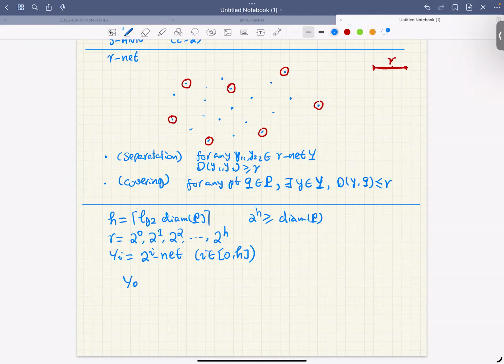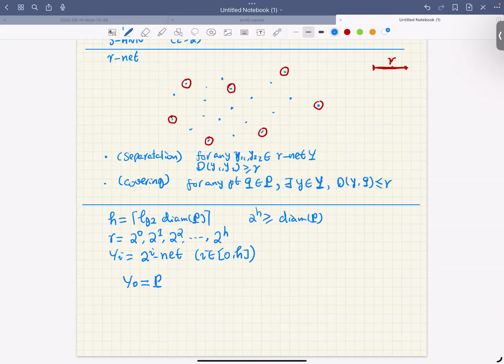Therefore, if you want to get yourself covered, there's only one possibility: you will have to get selected. So the 1-net of P is just P itself. And this is one extreme.